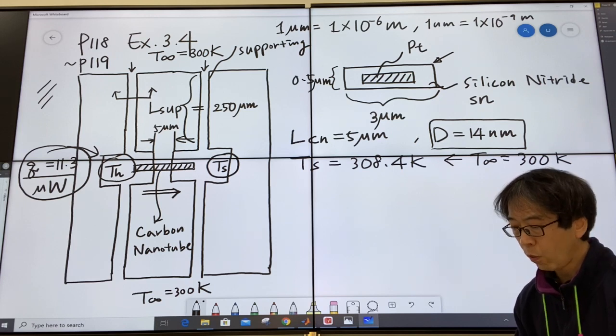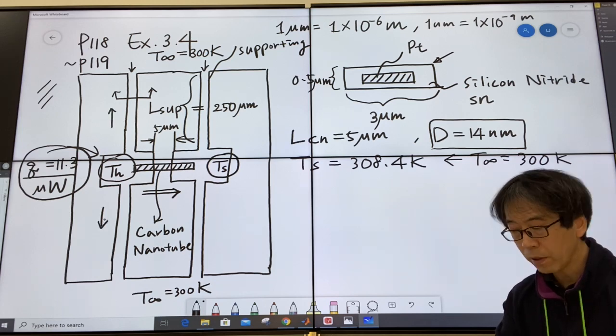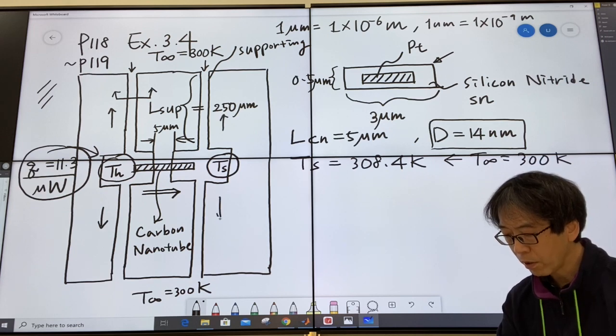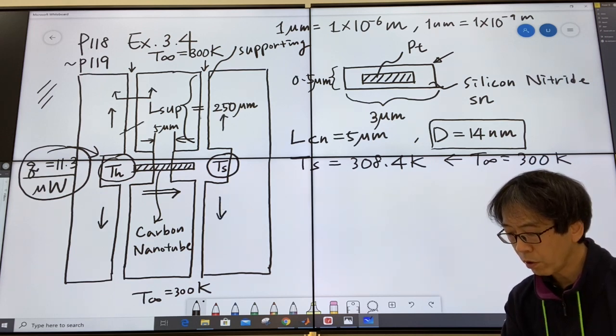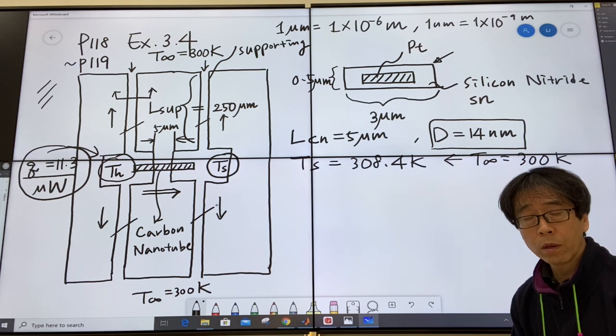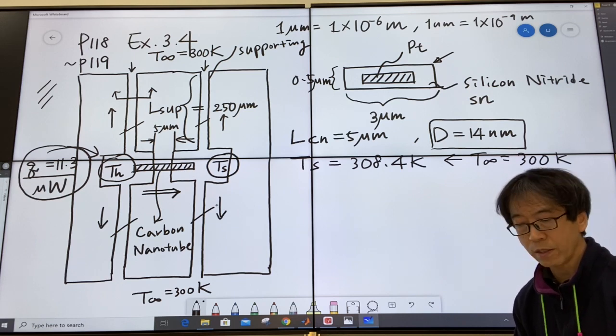And so what kind of other things do we need to know? Well, the heat generated here will not only go to the right hand side, but it will also go up and down, right? And on the right hand side, it will also go up and down. So these 4 elements, 1, 2, 3, 4 supporting elements will provide the same thermal resistance, right? And the carbon nanotube will provide another kind of thermal resistance.